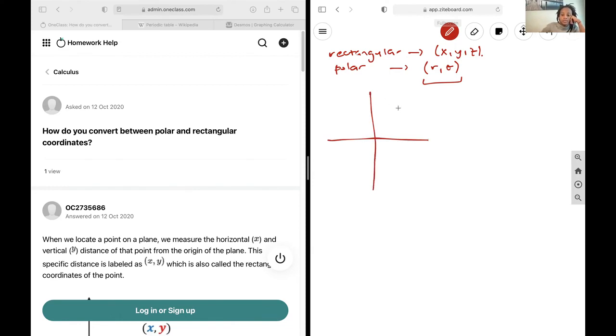With the rectangular system, if I have a point here, I would identify it using its x coordinate, so how far on the x-axis I have to travel.